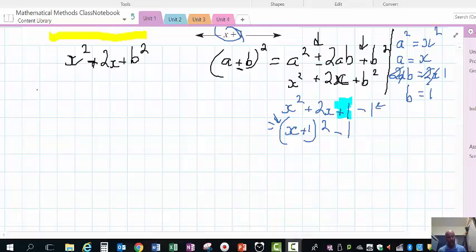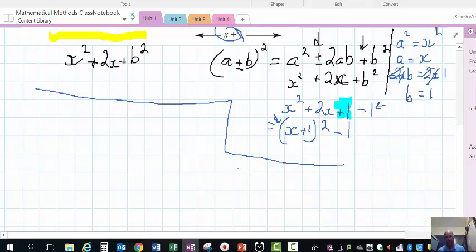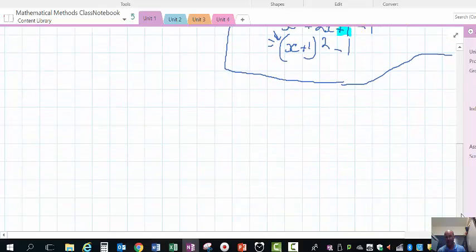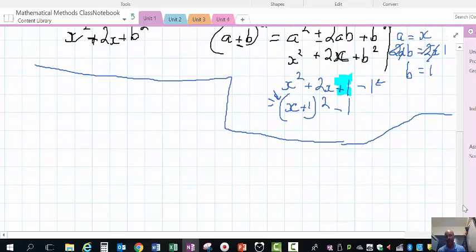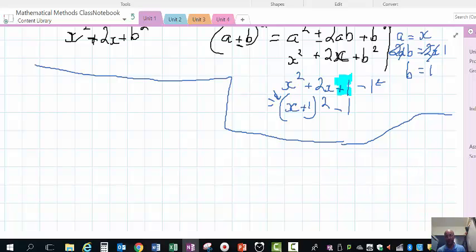Completing the square is useful in a number of ways in maths, and the two main uses I guess we're using it for is to solve as another tool for solving quadratics. We've seen factorization and the quadratic formula, but also when we're looking at putting a quadratic equation or a parabola into what's called turning point form, which we'll learn more about coming up soon in the next video or two.